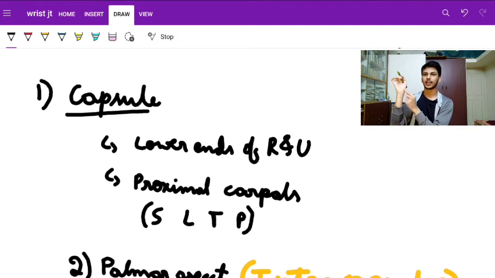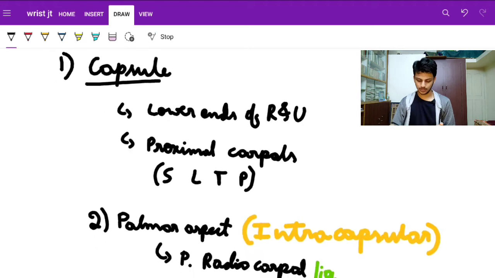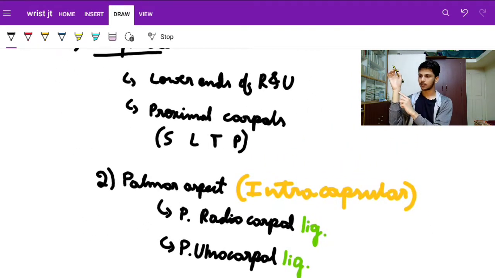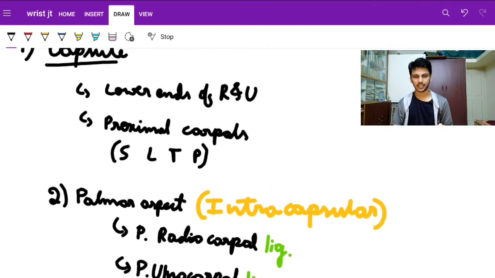So it is covering all of that. That's basically a capsule. It's said to be a little above the distal radius and ulna, and a little distal to the carpals. They say it like that, but you can say it is covering those carpals and radius and ulna.